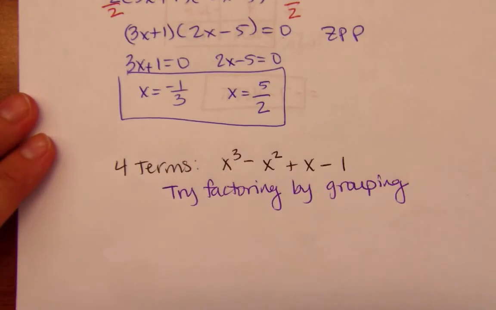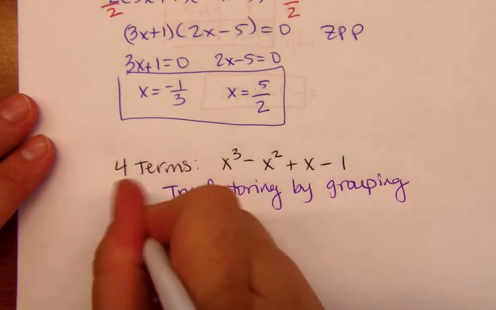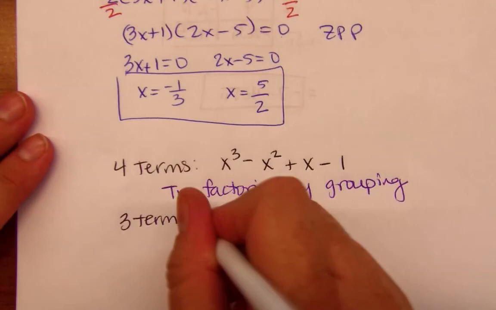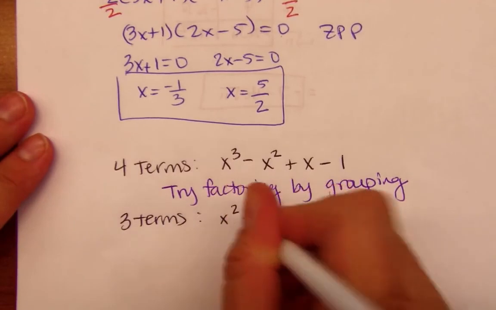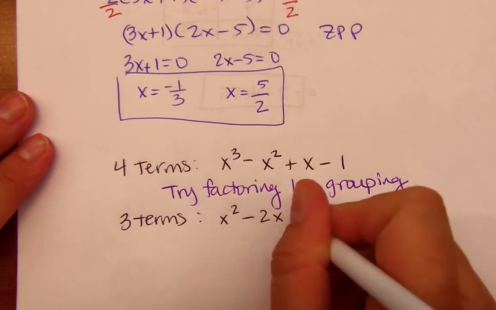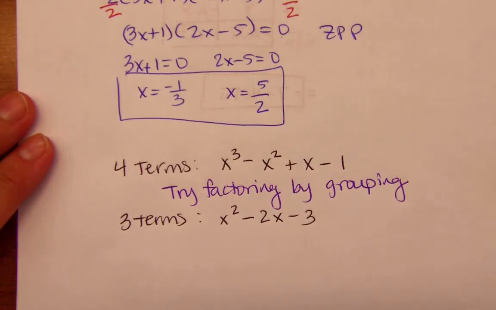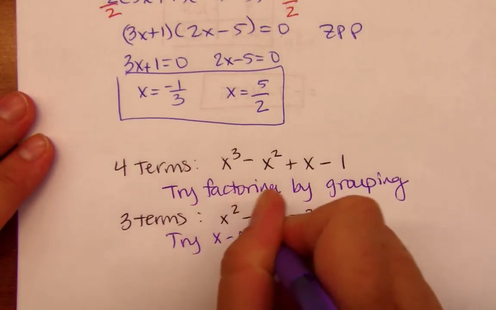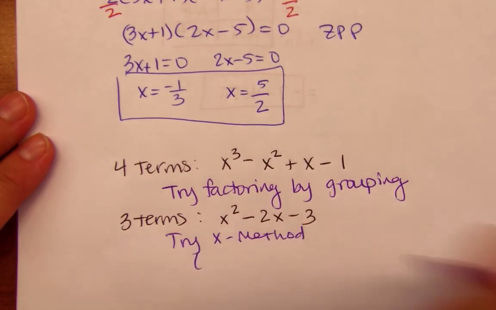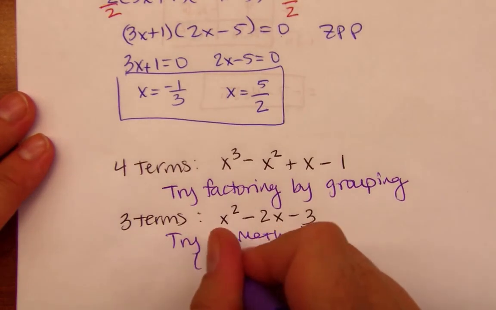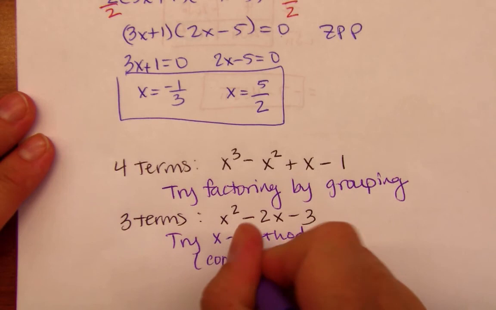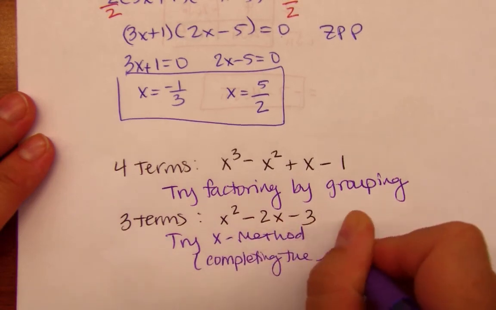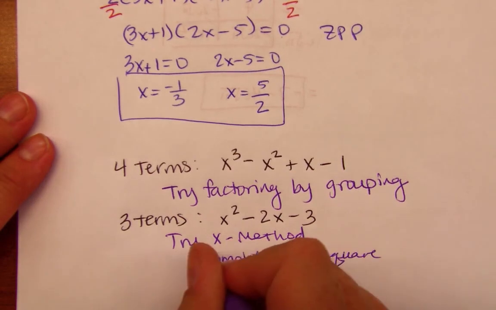And if we have 3 terms, so maybe something like x squared minus 2x minus 3, we want to try the X method. And if those don't work, we can try completing the square. Or quadratic formula.